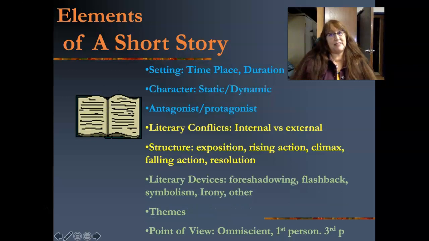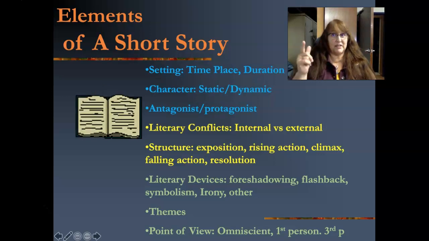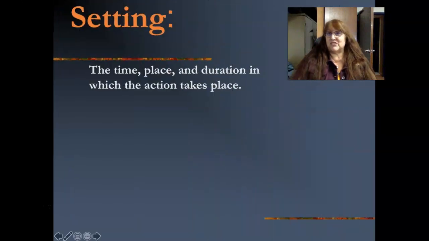You also have your basic literary devices. Some are familiar, some are new. Foreshadowing, flashback, symbolism, and irony. You have themes, and you have the point of view. Omniscient, all-knowing, first person, and third person. So let's get started here.